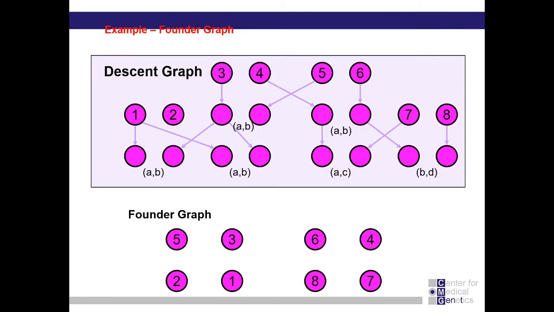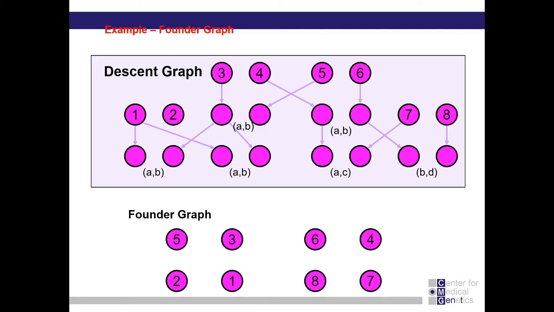So here you can see the descent graph. For the descent graph, it shows where the allele goes down from, which is A and B. And then in the founder graph, these are the founders, or where the gene originates from. So it's 5 and 3. 5 and 3 gave the genes to 2 and 1.